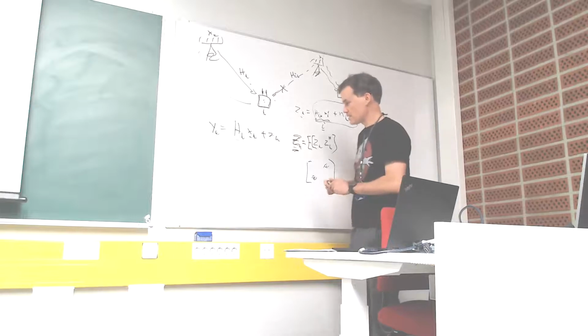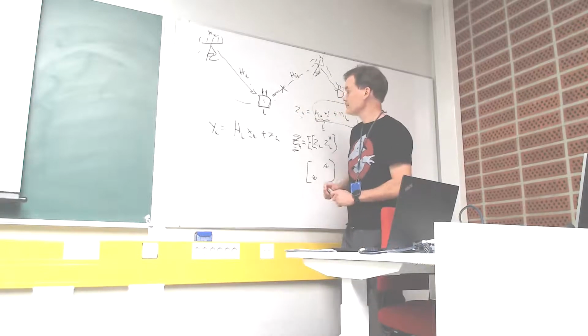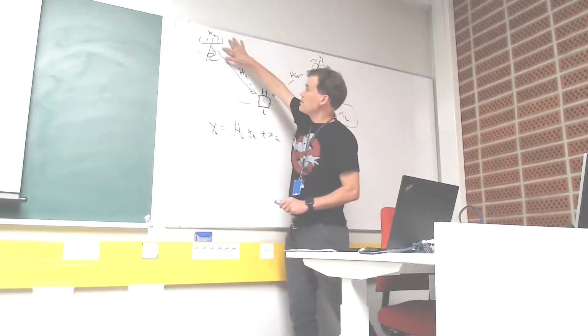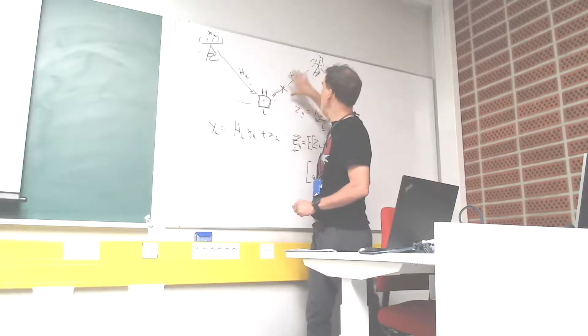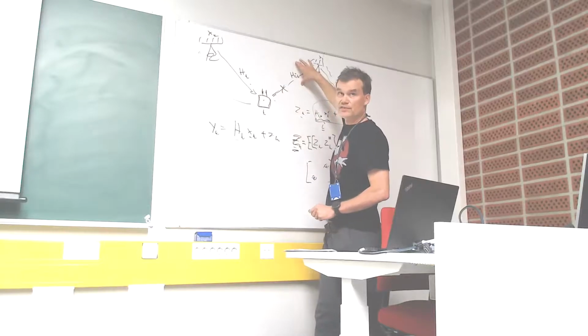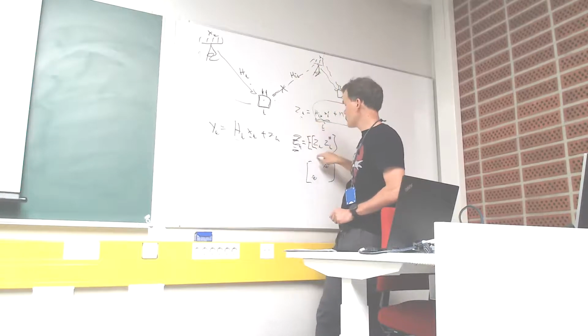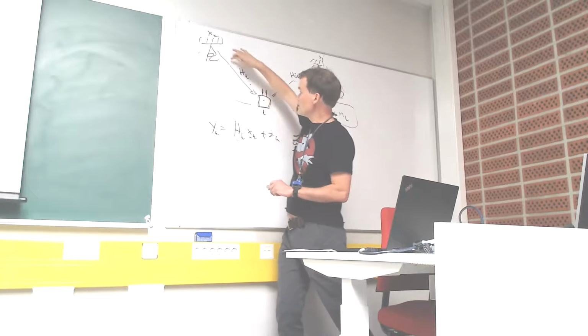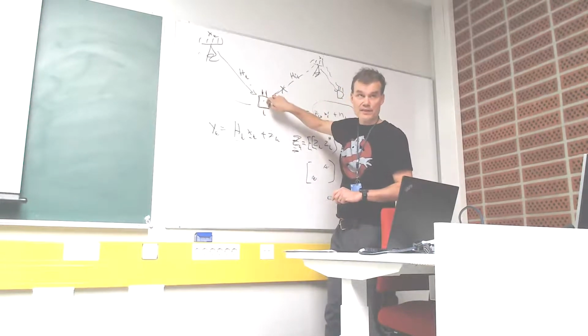Okay, so if we have this type of model, and we want to just maximize the rate, given that the covariance matrix of the noise plus interference is fixed, and we want to maximize the rate for this link, right?